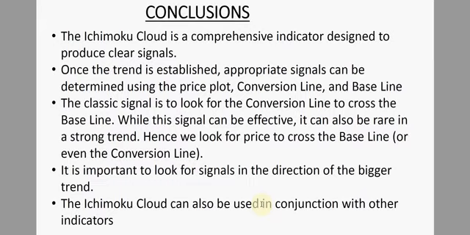So guys, I hope I'm able to explain to you what the Ichimoku system is, how we generate signals from Ichimoku, and I hope you'll be able to open up a chart, put Ichimoku on it, and then you can see great signals that you can find using this system.